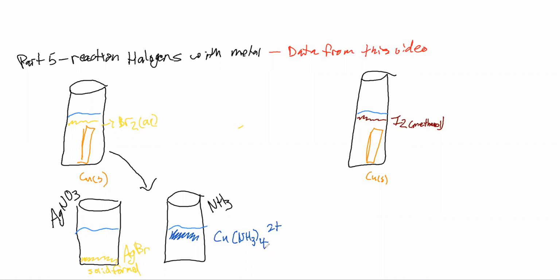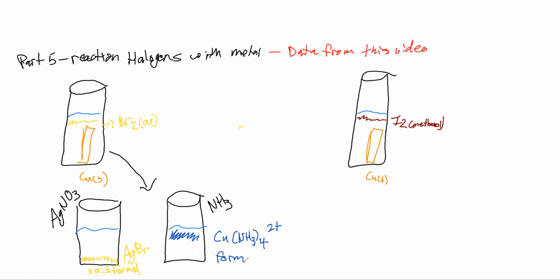When we do our test, the first one, we put in that silver nitrate, and we do see that AgBr form. On the second one, when we put in the ammonia, we do see our ion form as well.